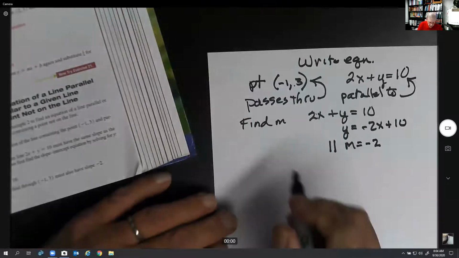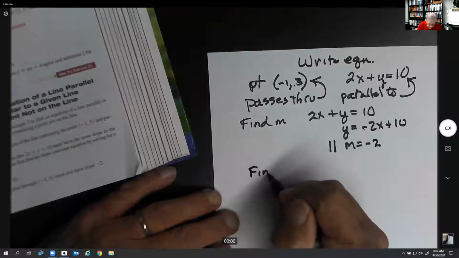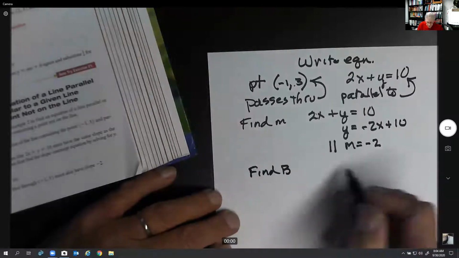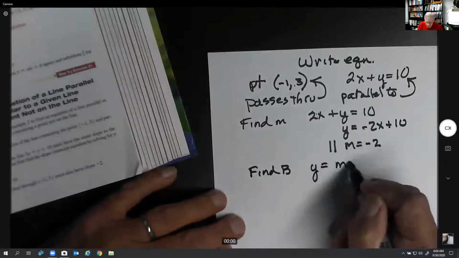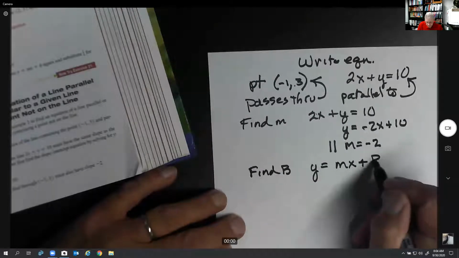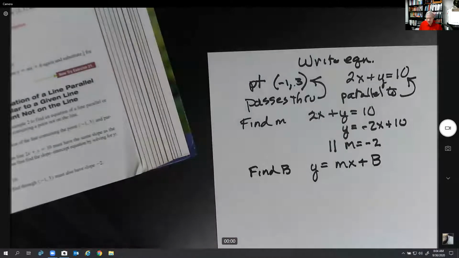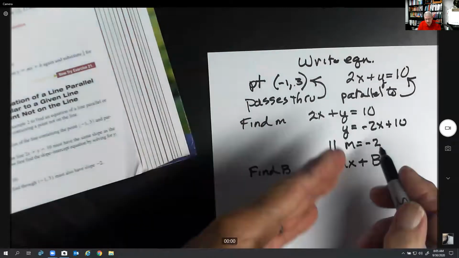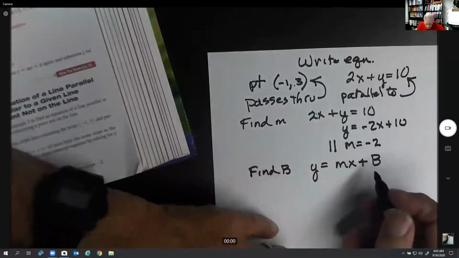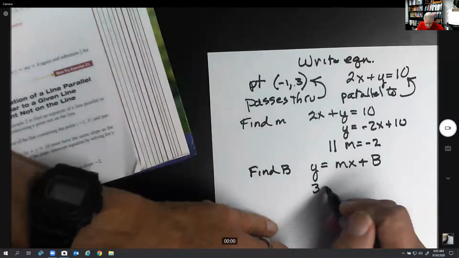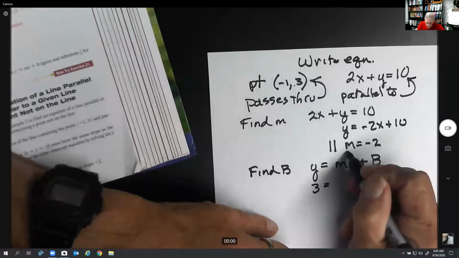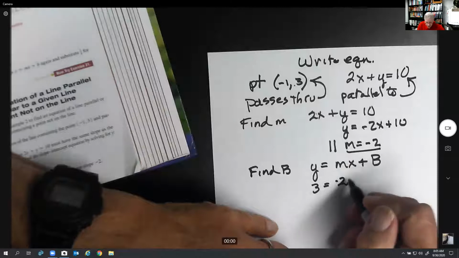Next thing we want to do is find b. So we'll start out with our general equation or formula. And in this formula, we're going to substitute our point and our slope. So our point, y would be 3. M would be, we just figured it out, -2.